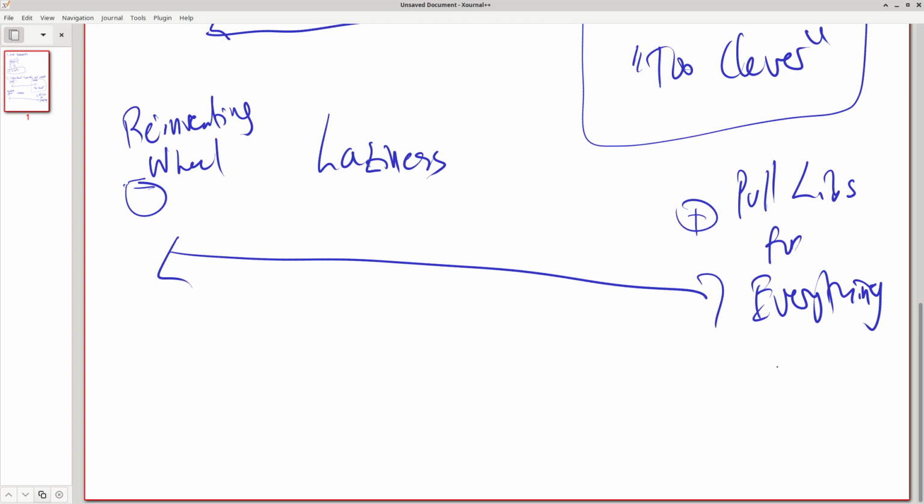So this spectrum, this tension is really quite interesting because there are dangers to pulling libraries for everything. The most obvious ones are, what if the library gets deprecated? Then what do you do? What if the API changes? But oftentimes, libraries are actually insufficient for your specific problem. You might pull a library that you think is going to solve your problem, but it doesn't quite solve your exact problem.